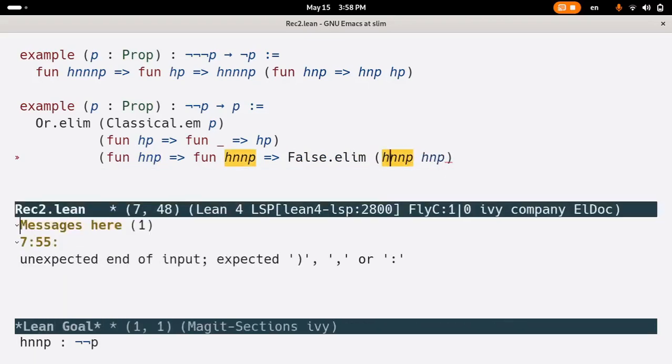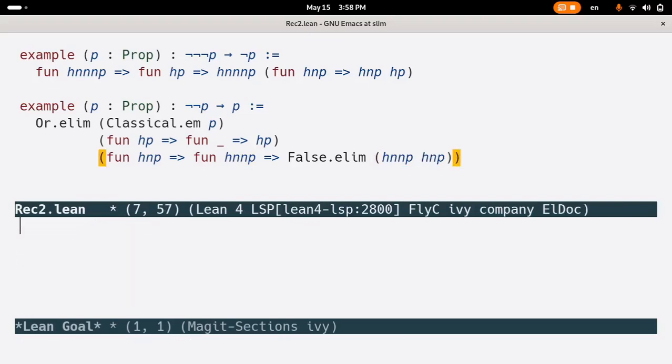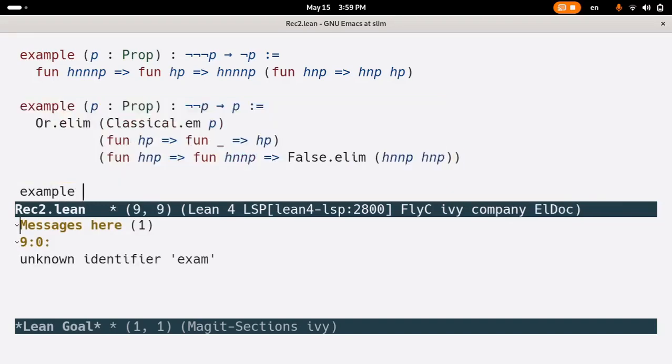We apply False.elim to obtain a proof of P. So this theorem called double negation elimination is only true in classical logic. So the use of excluded middle is necessary.